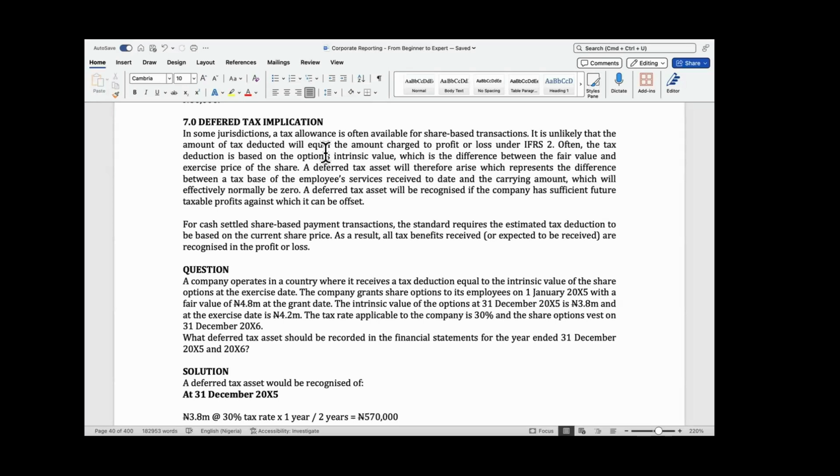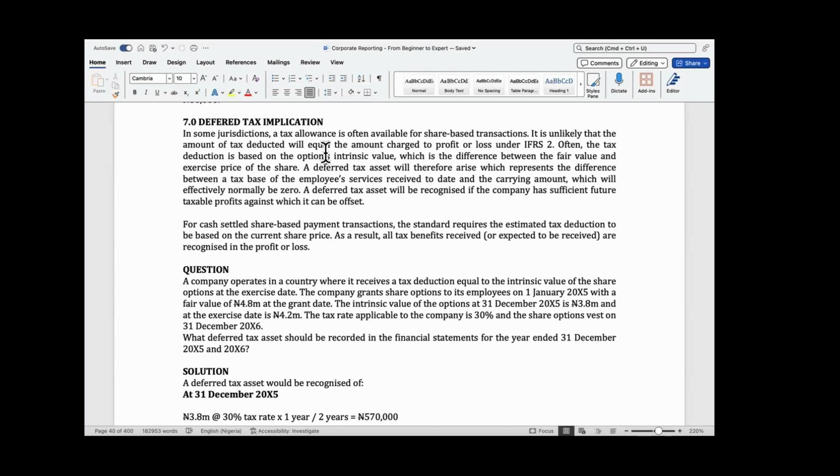And when the tax base is higher than the carrying amount, where you are going to have a deduction in the future, that means we'll be having a temporary difference that is deductible in the future. You will be able to deduct whatever it is that you would incur as an allowable expense.